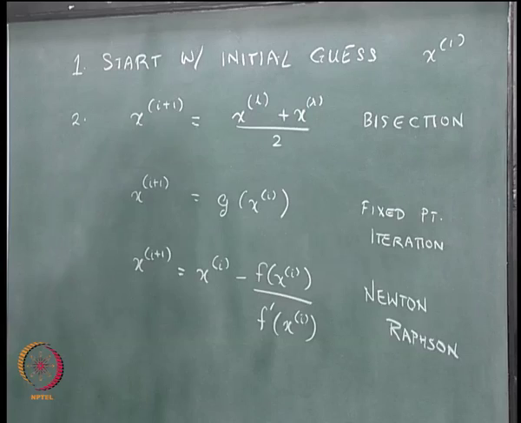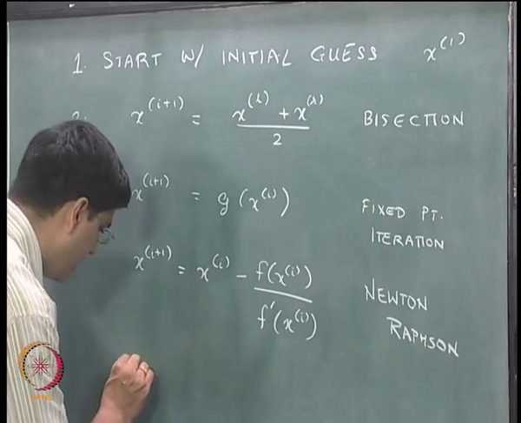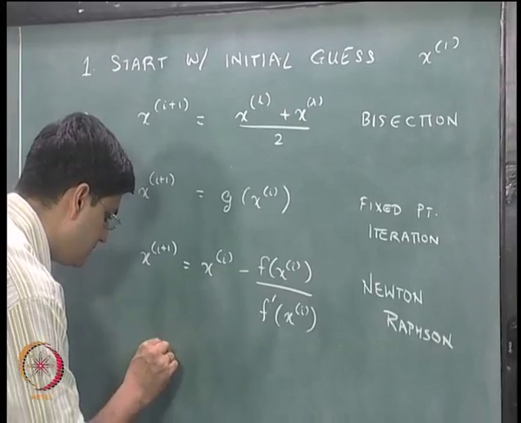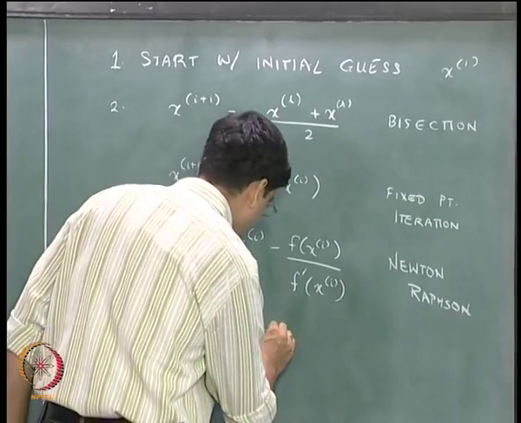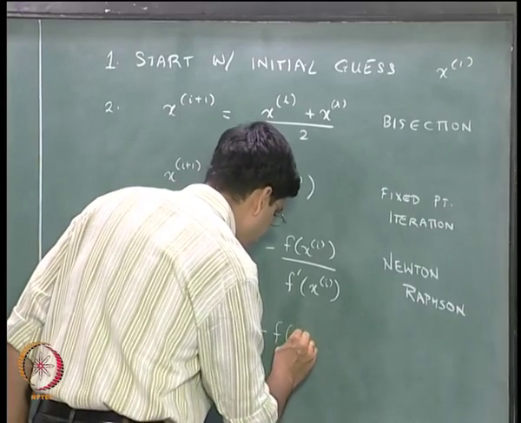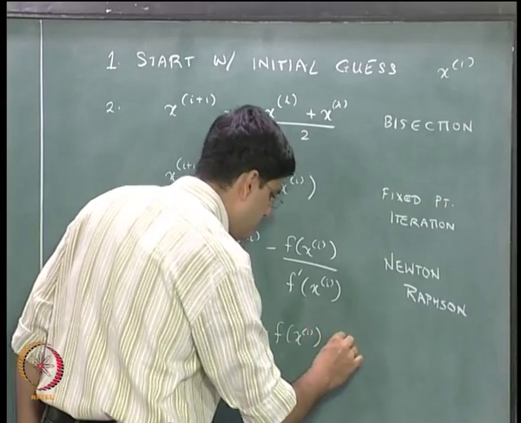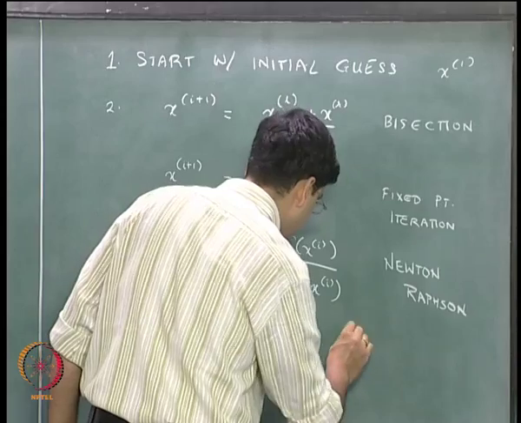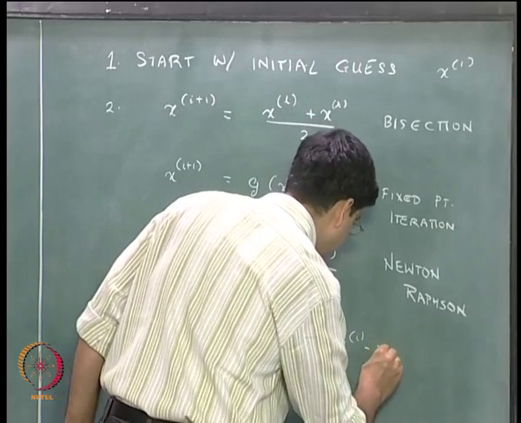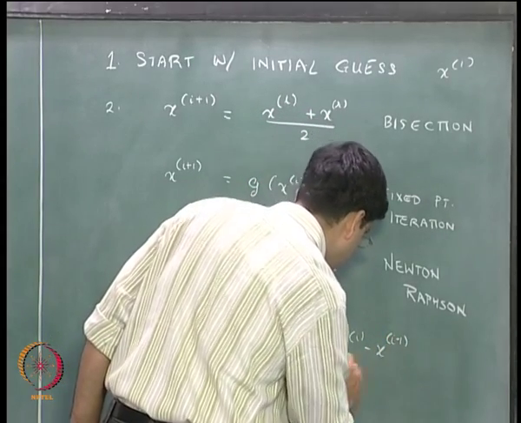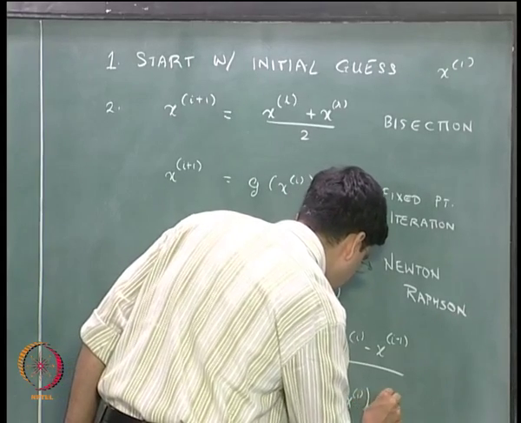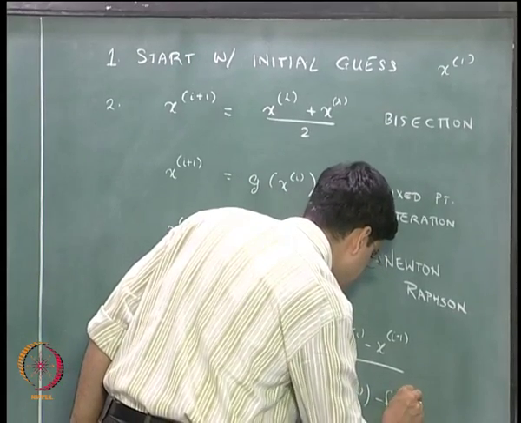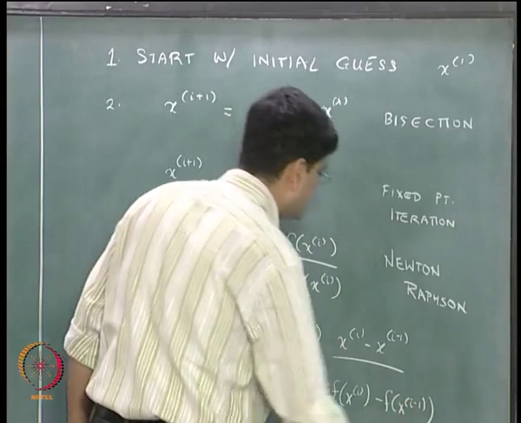Likewise, we had the secant method, where xi plus 1 is equal to xi minus f of xi multiplied by xi minus xi minus 1, divided by f of xi minus f of xi minus 1.